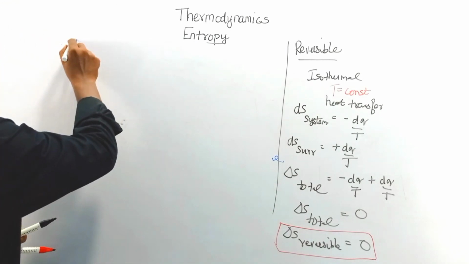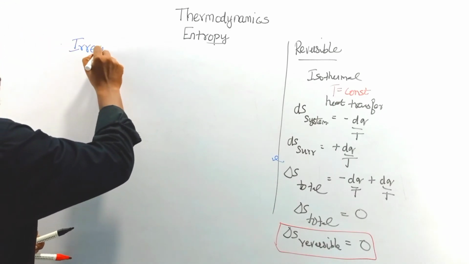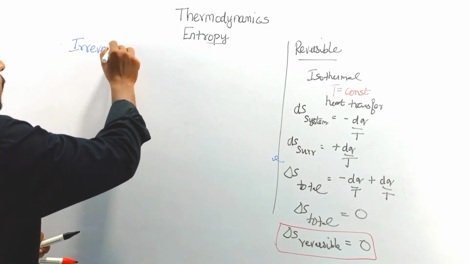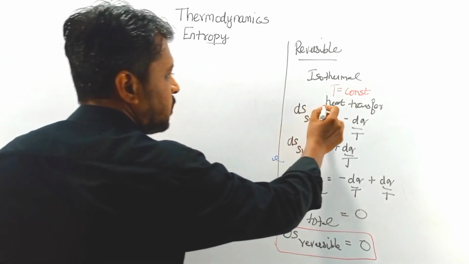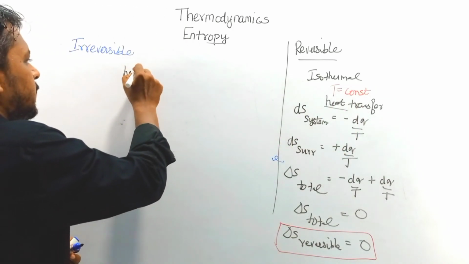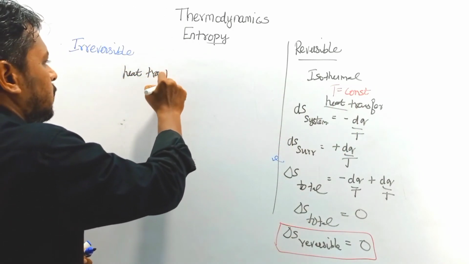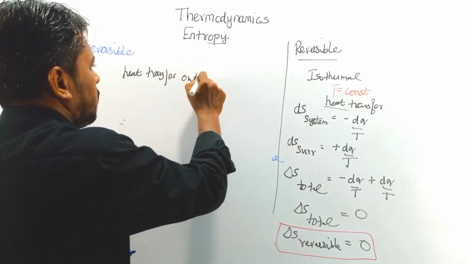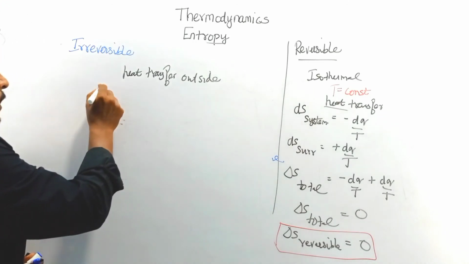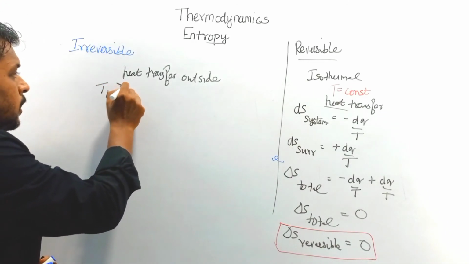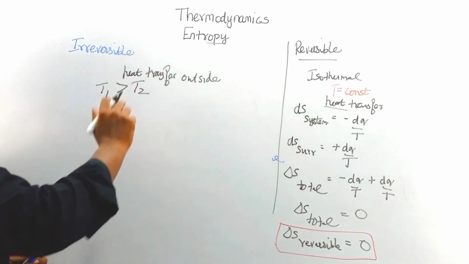So irreversible: the same case of heat transfer outside. Let us take the temperature of the system as T1 and the outside temperature as T2.